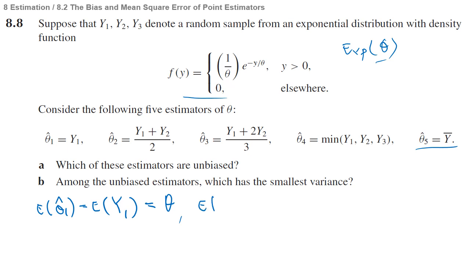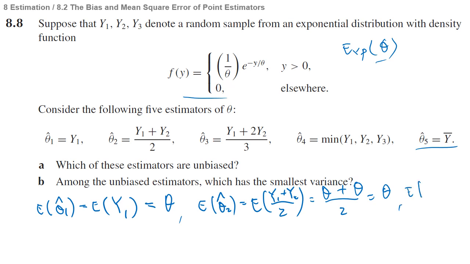What about the expected value of theta 2 hat? It's the expected value of (Y1 plus Y2) divided by 2, which is theta, since the expected value of Y1 is theta and the expected value of Y2 is theta. Similarly, you can calculate theta 3 hat as theta, and also theta 5 hat, the expected value of Y bar, which you can prove is theta.